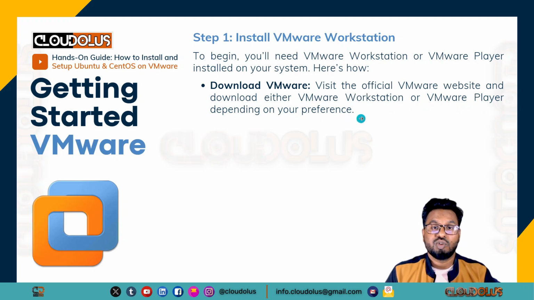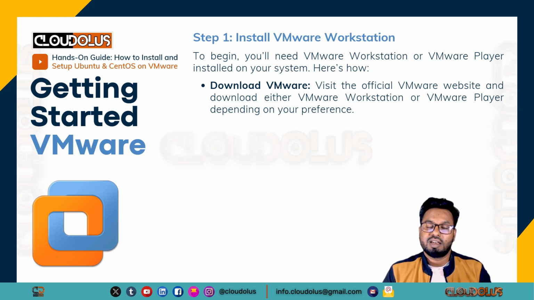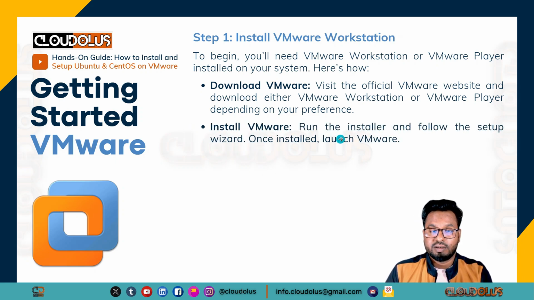Don't worry about that, we have already created a video on how to download, install and set up VMware Workstation. Then run the installer and follow the setup wizard, and once installed, launch VMware.